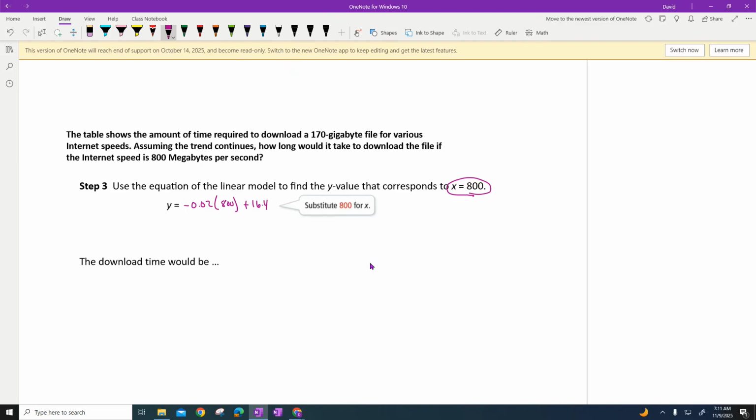We're going to use that equation now to find more information. I have a couple kids in my class that still don't have a calculator, and it's like, my goodness, you people, how are you going to do this?